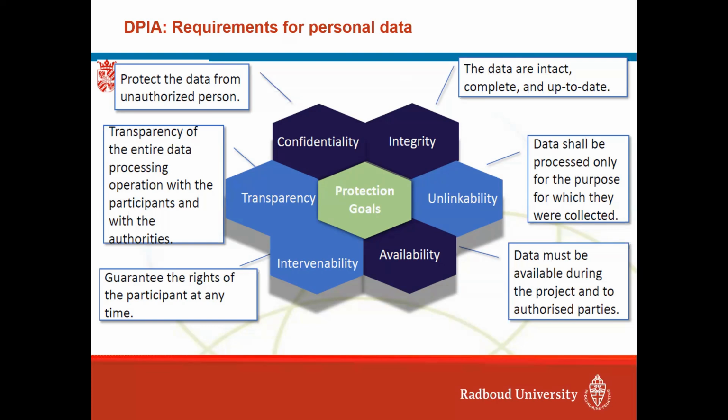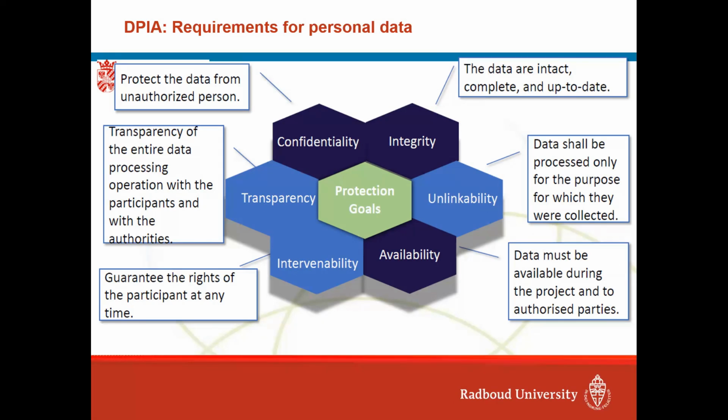When you talk about unlinkability, data shall be processed only for the purpose for which they were collected. Transparency concerns the entire data processing operation with the participants and with the authorities. And intervenability guarantees the rights of the participants at any time. So these are the aspects that are related to these goals.